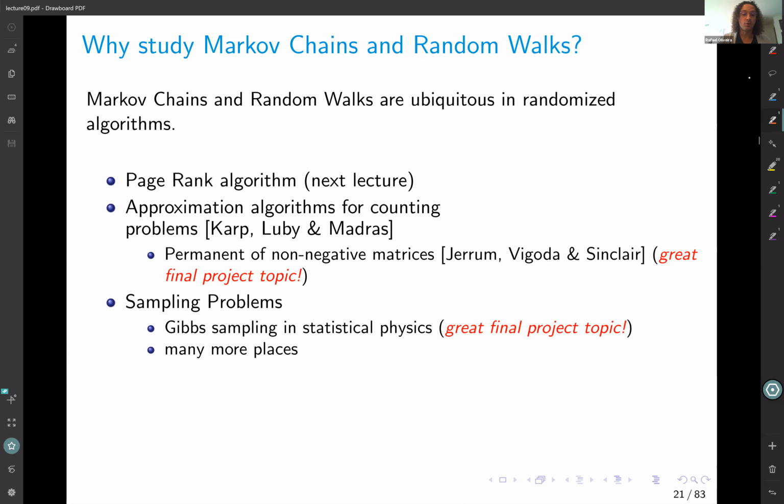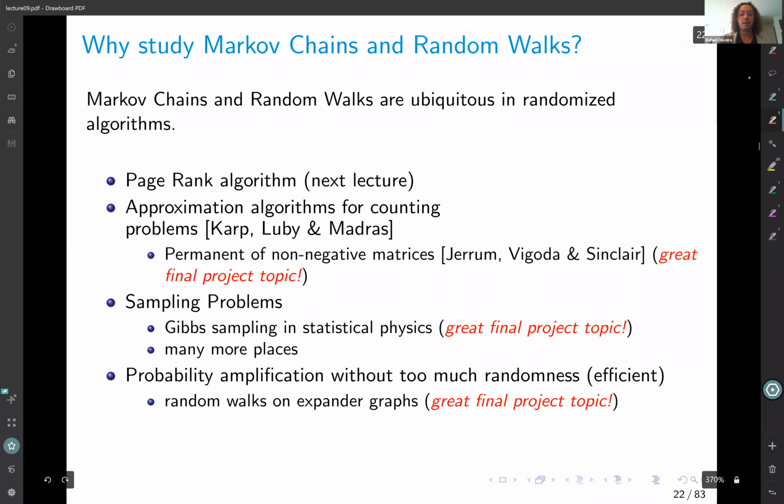They also appear in amplifying the success probability of randomized algorithms without using too much randomness. As we saw, when we want to amplify the success probability of an algorithm, one way is to run multiple copies in parallel.